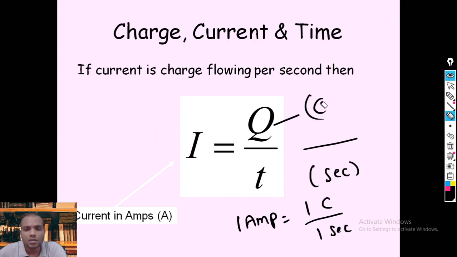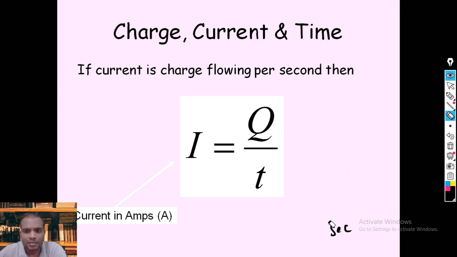This is the formula we will use to find the current, which relates charge with respect to time. So finally, I define current as the movement of charge, electrons, or the rate of flow of charge. This is the final definition I can give.